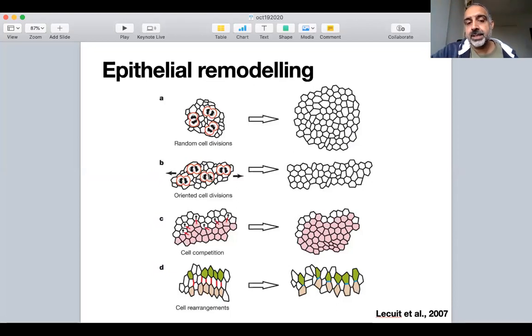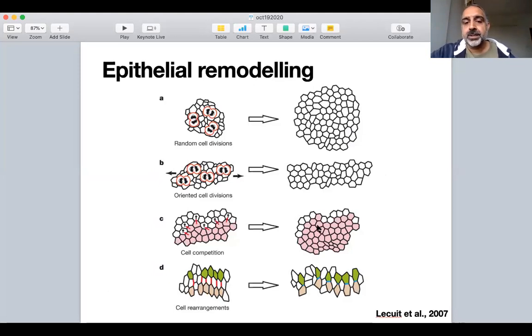There could be oriented cell divisions, where the cell division plane is restricted to one direction, and so when you get cytokinesis, you're elongating the tissue as well.